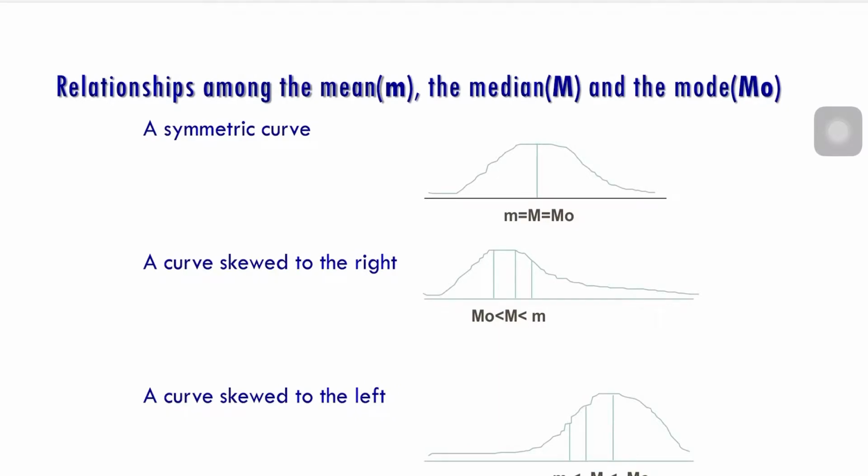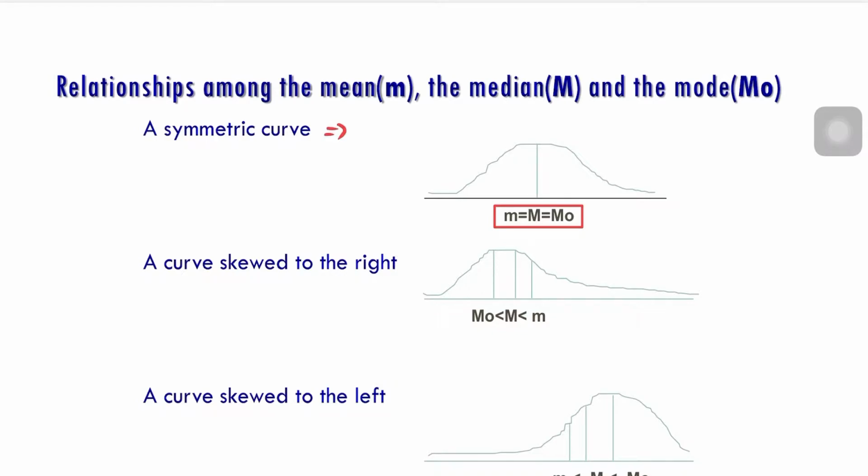As you see here, the relation between the mean, median, and mode is very important in a symmetric curve: mean equals median equals mode. Because if the distribution is symmetric on both sides, all three can be the same.